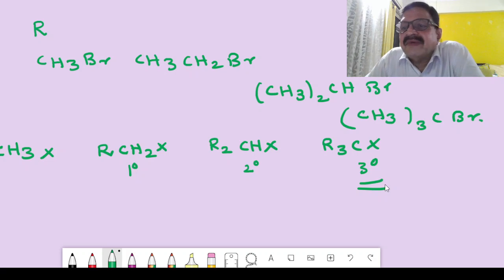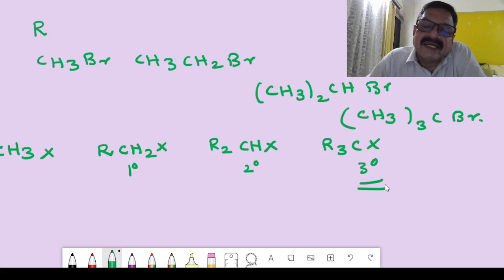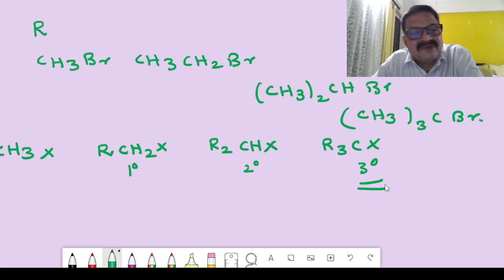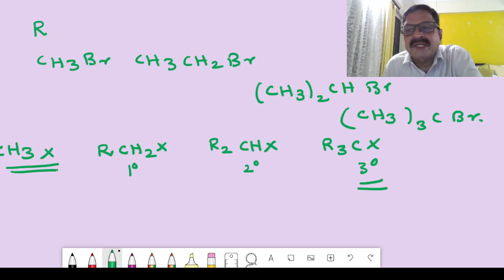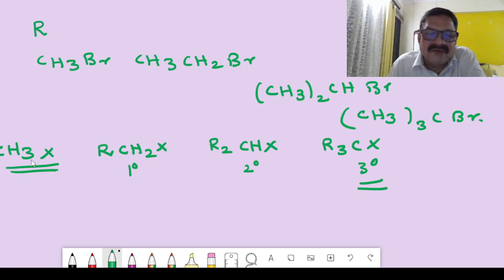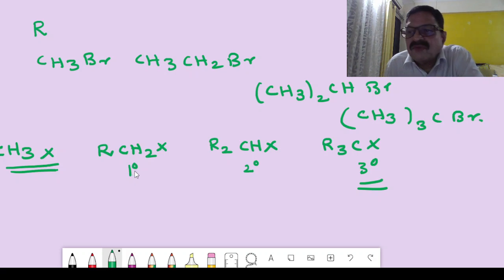Very rarely they give Sn2 reactions. Tertiary alkyl halides do not undergo Sn2 reactions. The Sn2 reaction is fastest in the case of methyl compounds, methyl bromide or methyl halides. Secondary halides react more slowly. The methyl and primary alkyl halides give Sn2 reactions very fast.